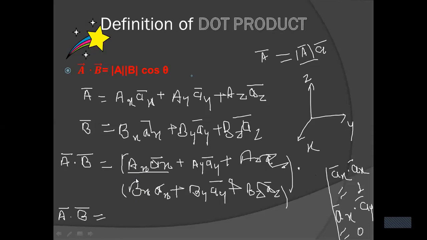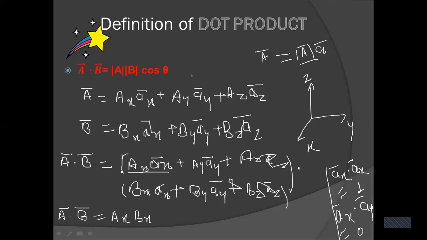So here, tell me what will be the multiplication of ax a bar x dot bx a bar x. Here I will consider ax bx, correct, and if I take the dot product of a bar x and a bar x, it is equal to 1.